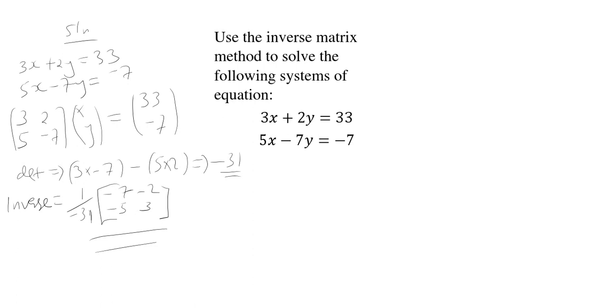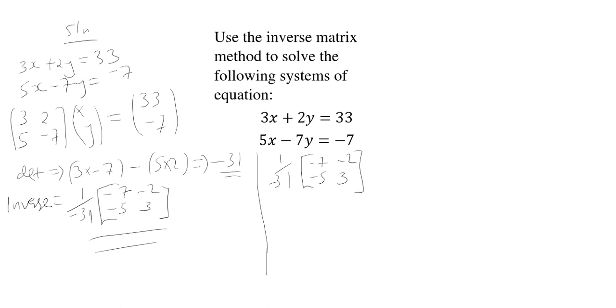Then this inverse, we shall multiply it both sides of this equation. So we shall have our 1 over negative 31, which is the inverse, negative 7, negative 5, negative 2, 3.